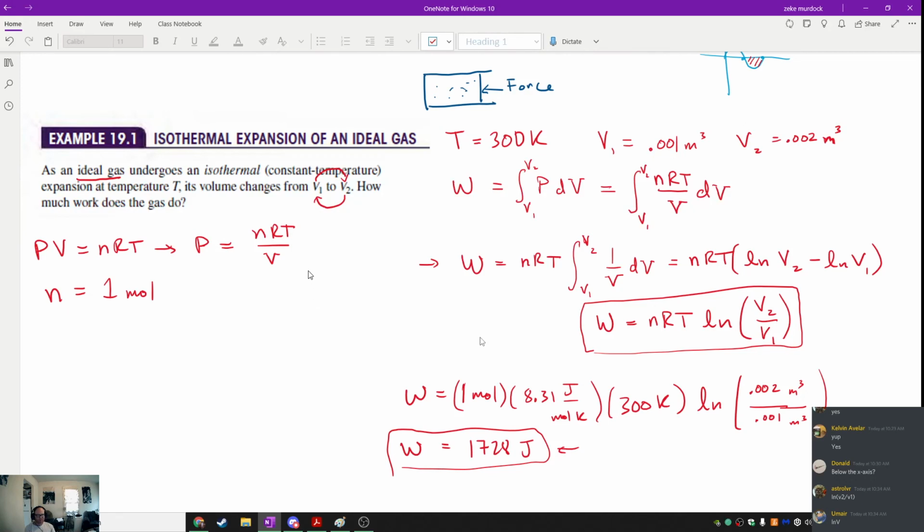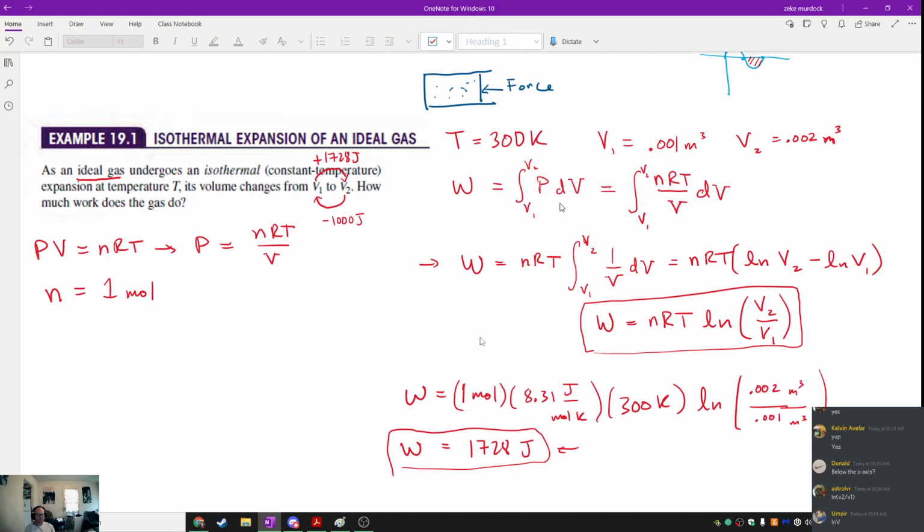And let's say that in the process of going from V2 to V1, the gas does negative 1,000 joules of work, but in the process of going from V1 to V2, it does positive 1728 joules. Well, then you've created a process that's cyclical where you get energy out every single time. Does that make sense?